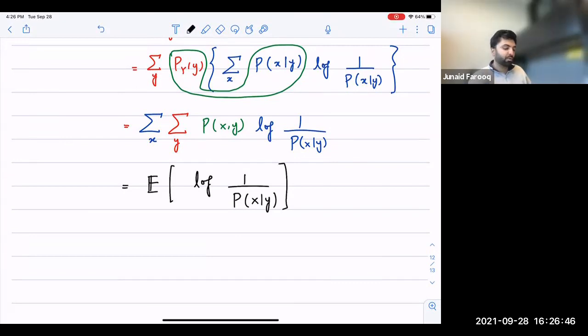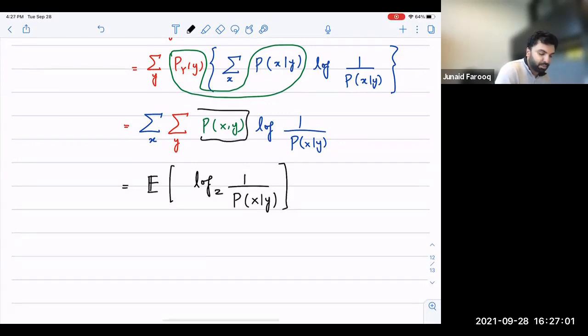So it's a conditional density of x given y, and you take the log base 2 and take the expected value over x and y. Obviously, expected value means multiplying it with the joint density and doing these two summations. So let's take an example of how we can compute this.